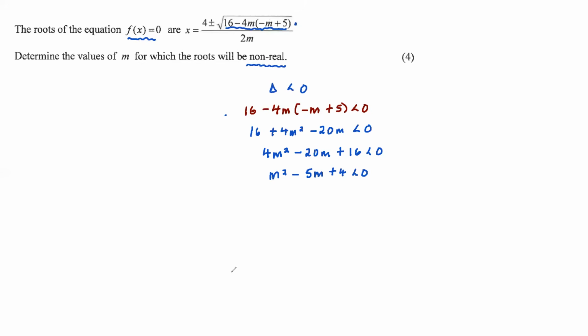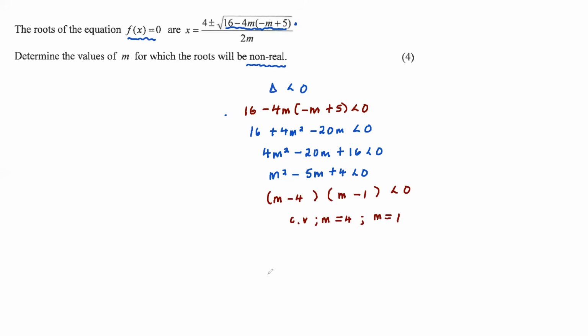Then I can factorize quickly to get my values of m. Then this is basically like an inequality. So this becomes m minus 4, and this becomes m minus 1. So your critical values here in this case will be found when m is equal to 4 and also when m is equal to 1.